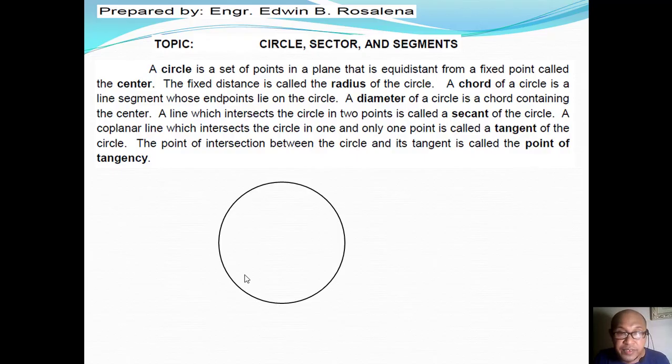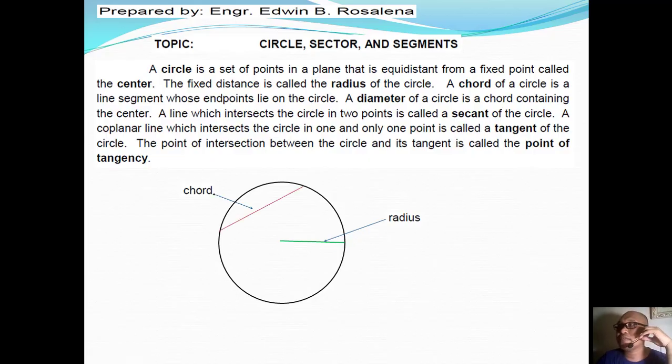So, if this is a circle, then we have here the center. And the circle is composed of many points. And each point has a distance of r, which is called the radius, from the center.